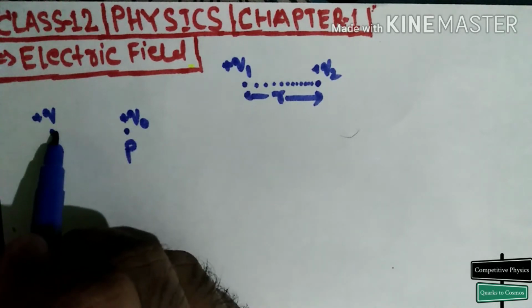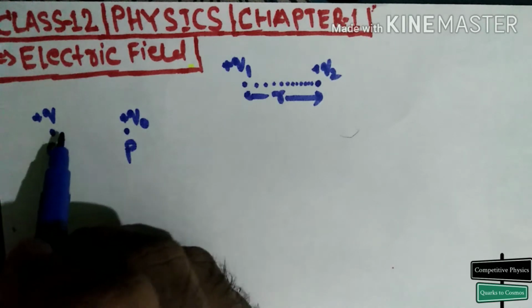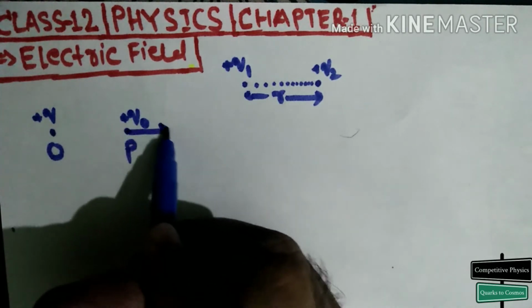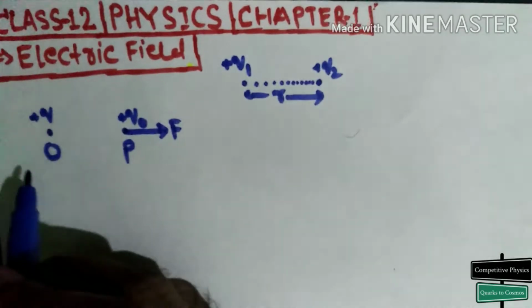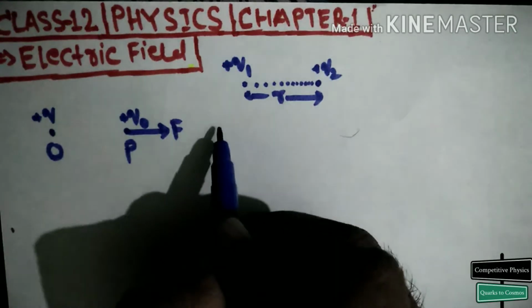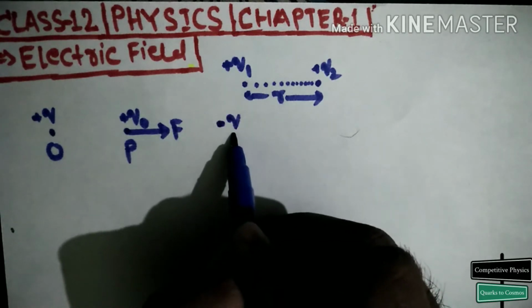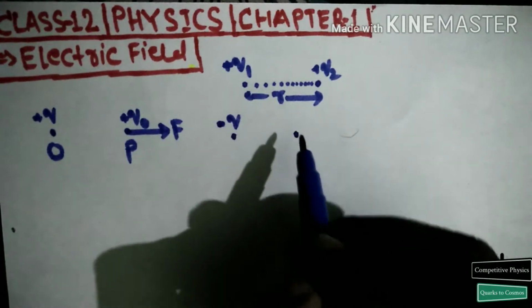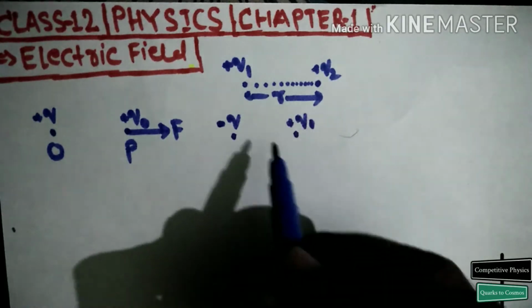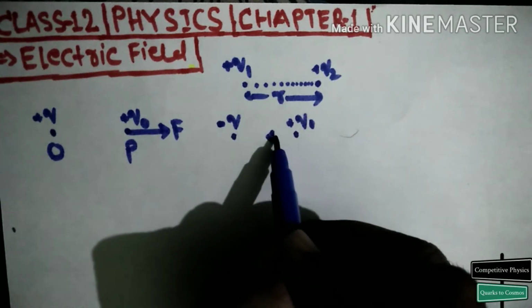Since these two are positive charges, it will experience a force of repulsion here in this direction. And if this is a negative charge in place of the positive charge, if this is minus Q, what will happen? This plus Q naught will experience a force of attraction.